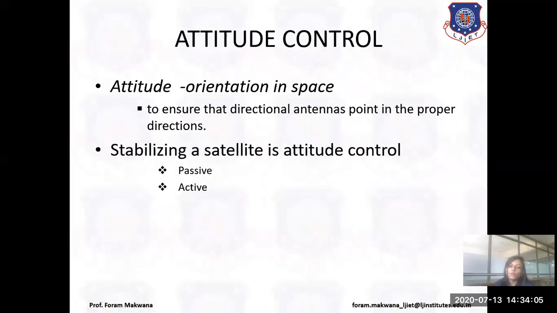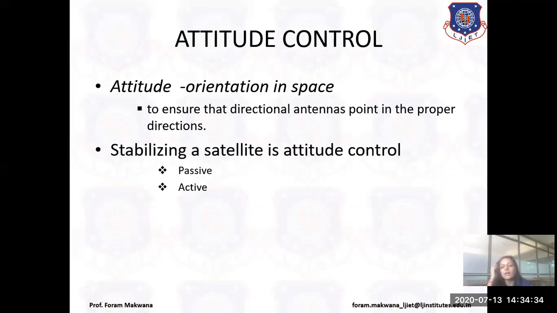Now, attitude control. In this chapter, the space segment, we are going to maintain the attitude of the satellite and its orbit. So how are attitude and orbit controlled? First we focus on attitude control. Attitude means the orientation of our satellite in space. We ensure that the directional antenna points in the proper direction.